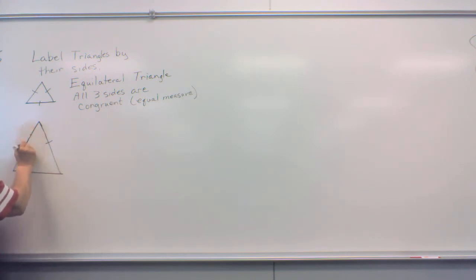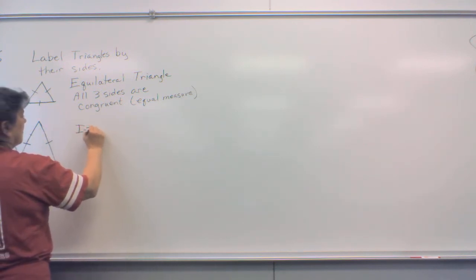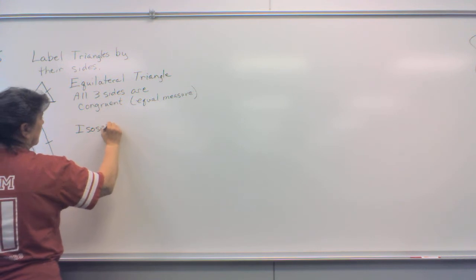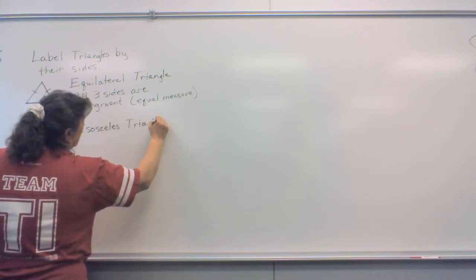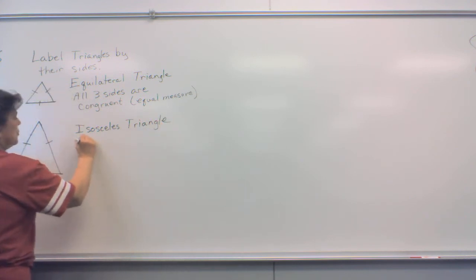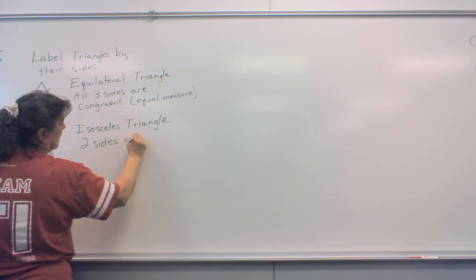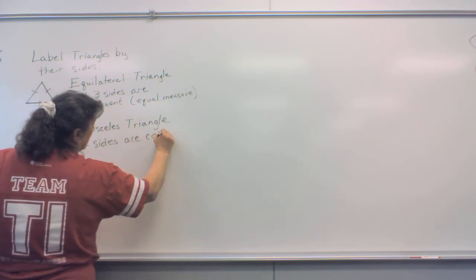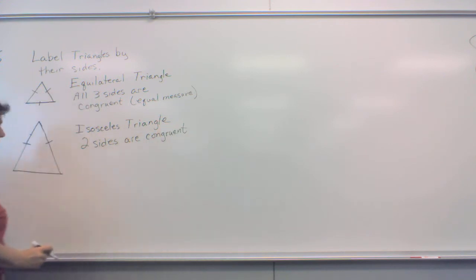In an isosceles triangle, two sides are the same. Two sides are congruent. Okay?